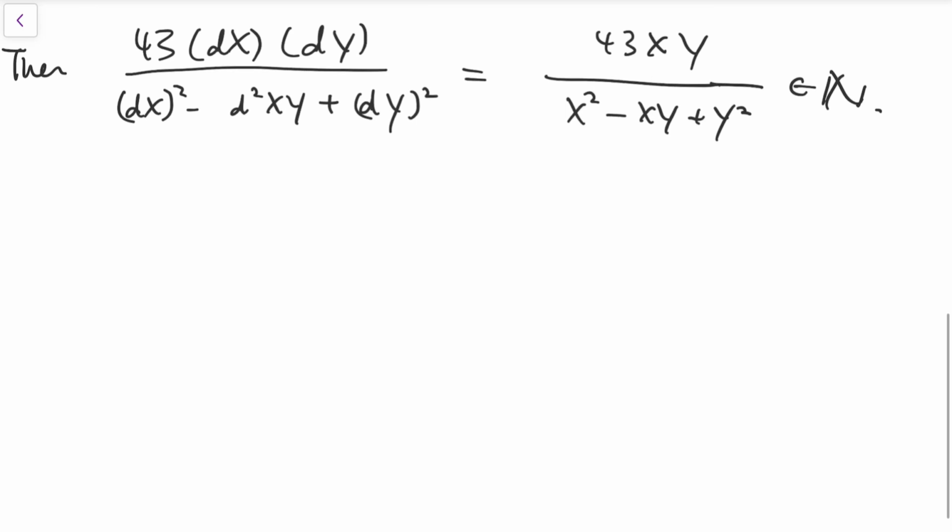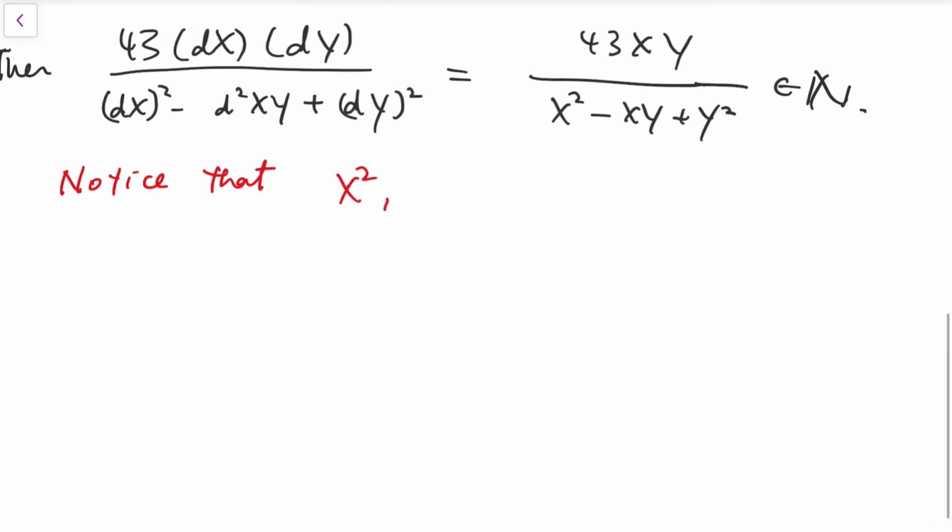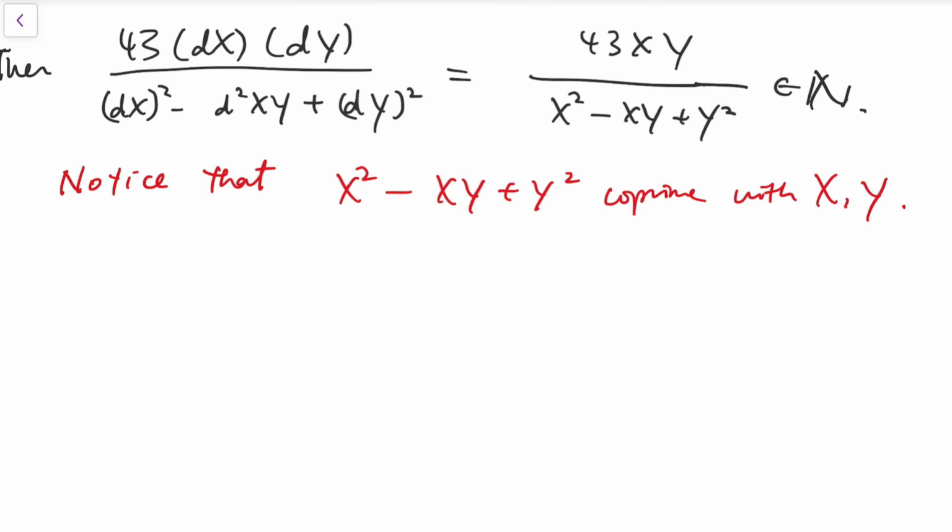So notice that big X squared minus big X big Y plus big Y squared is co-prime with big X and big Y respectively, because there is always one term that does not involve one of X or one of Y. For example, with X, when we have an extra big Y squared term here, we can't share any common prime factor with big X, because for any prime factor of big X, when we try to divide the other quadratic by this prime factor, this Y squared will always be in the way.